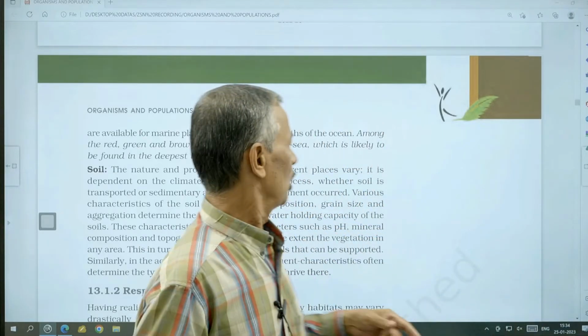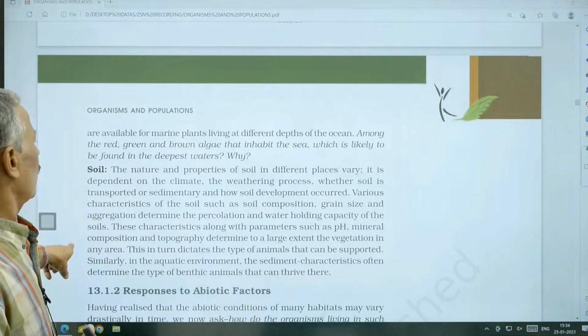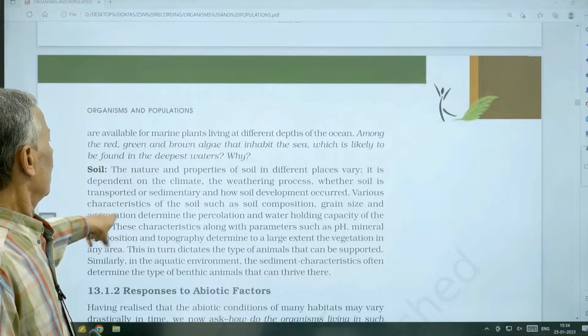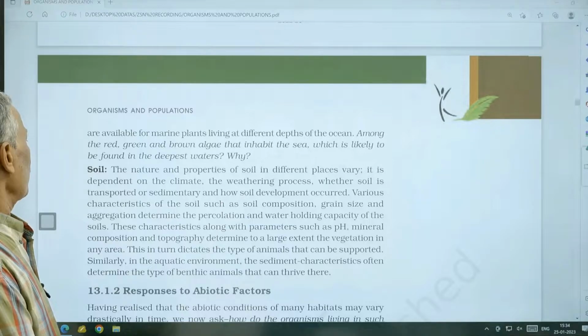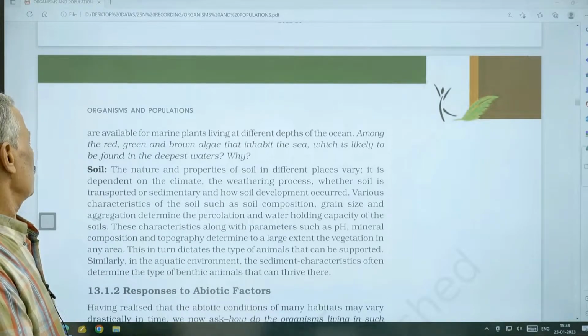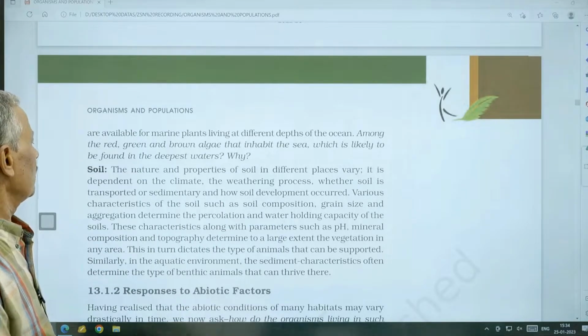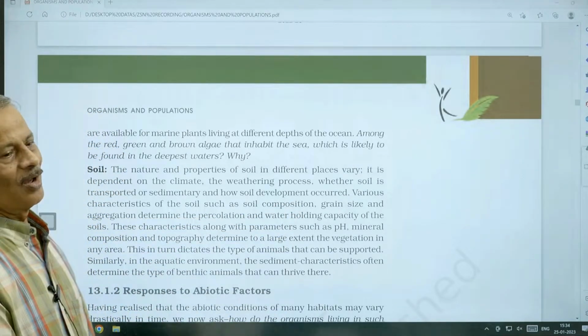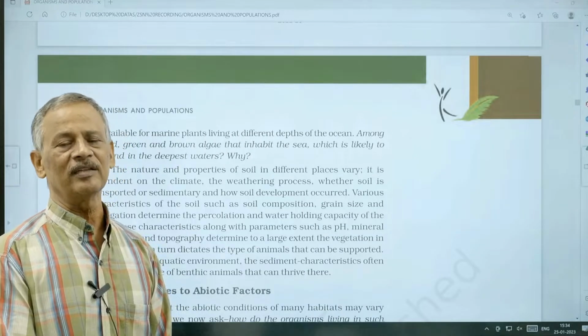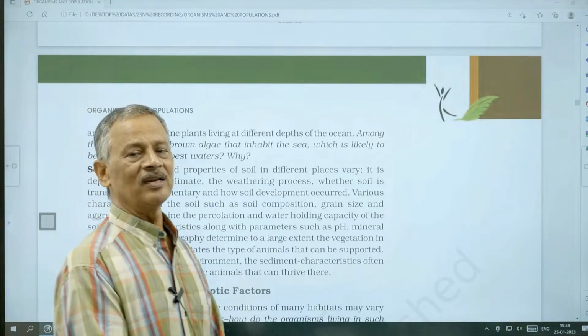These are all to be studied, because soil composition, grain size, and aggregation determine the percolation and water holding capacity of the soil.